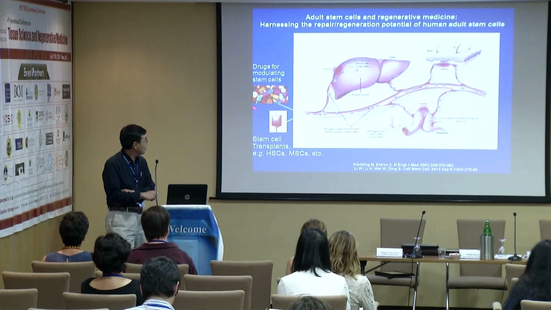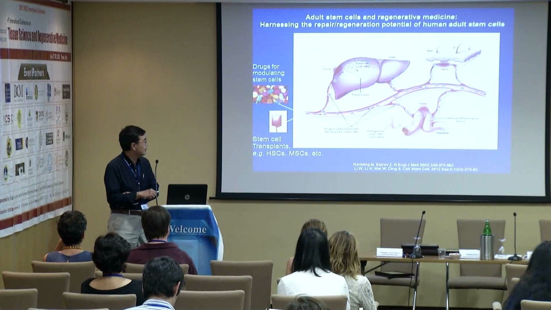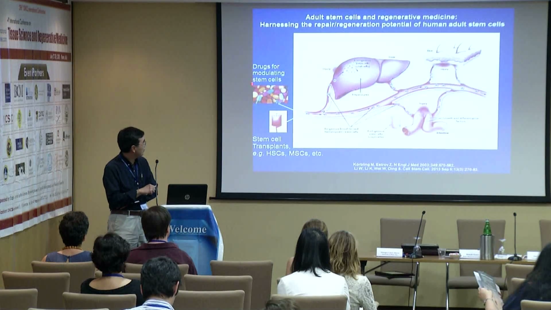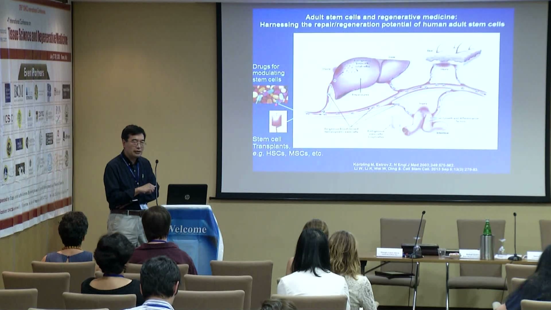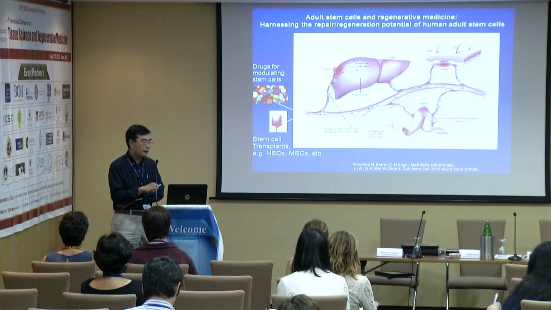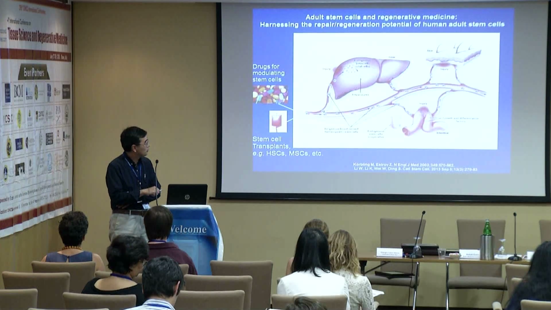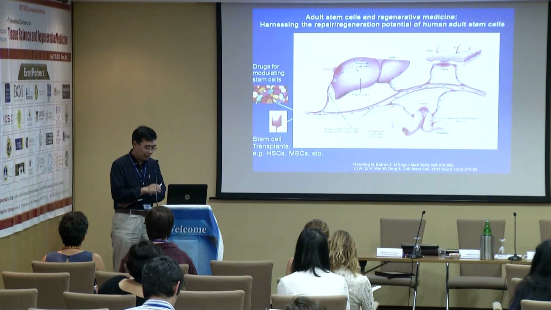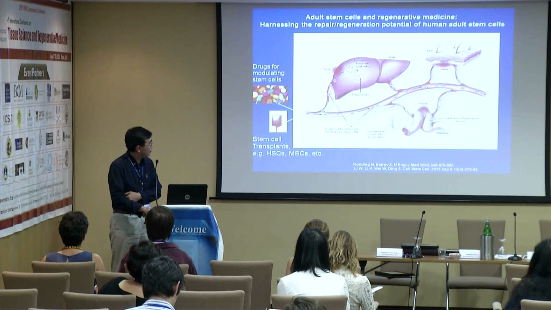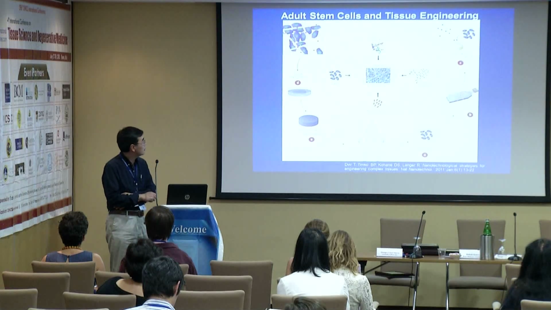So when we age, or in some cases of disease, when the local stem cell cannot repair, we can use some drug which can activate the stem cell, or we use stem cell transplantation to help the local stem cell to repair the injured tissues.